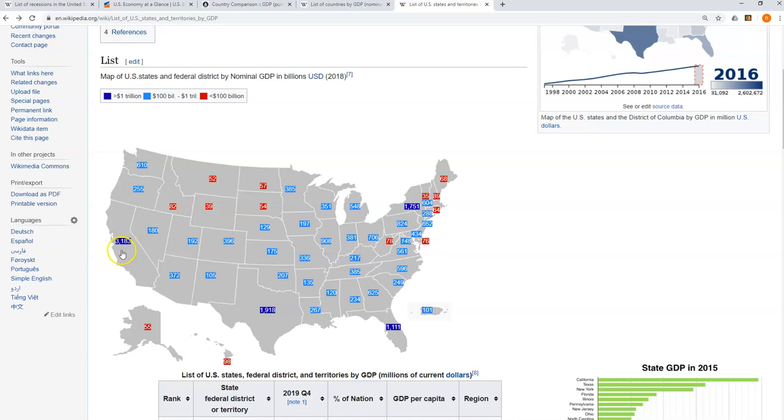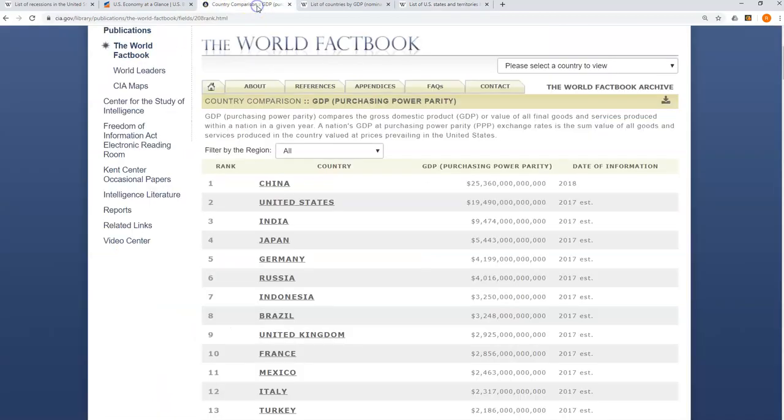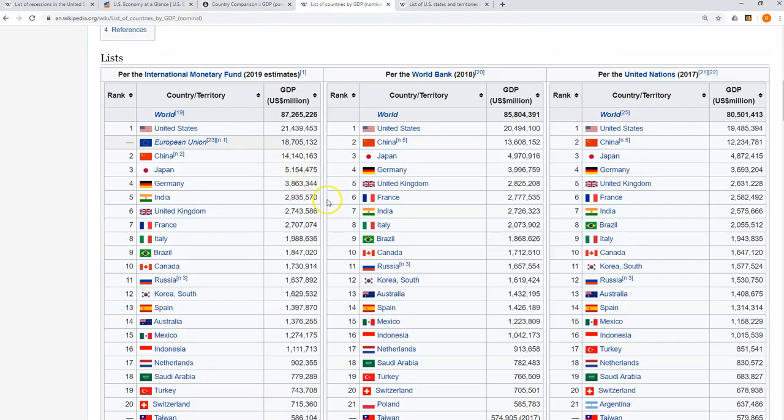Now, if California were to separate from the union and we would put their GDP on the list in the world, California will be right around here at $3.3 trillion, about the size of Germany.